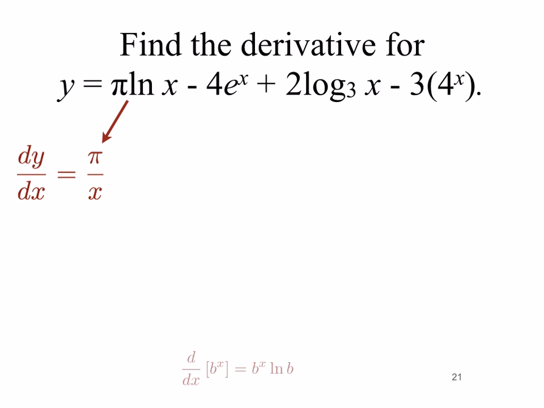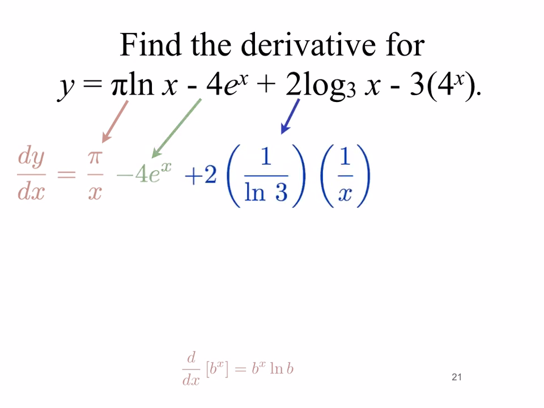So the derivative of y with respect to x for the first term would be pi over x. That's because the derivative of natural log of x is 1 over x, and pi is a constant, so pi times 1 over x is pi over x. The second term, derivative of minus 4 e to the x, would be minus 4 e to the x.